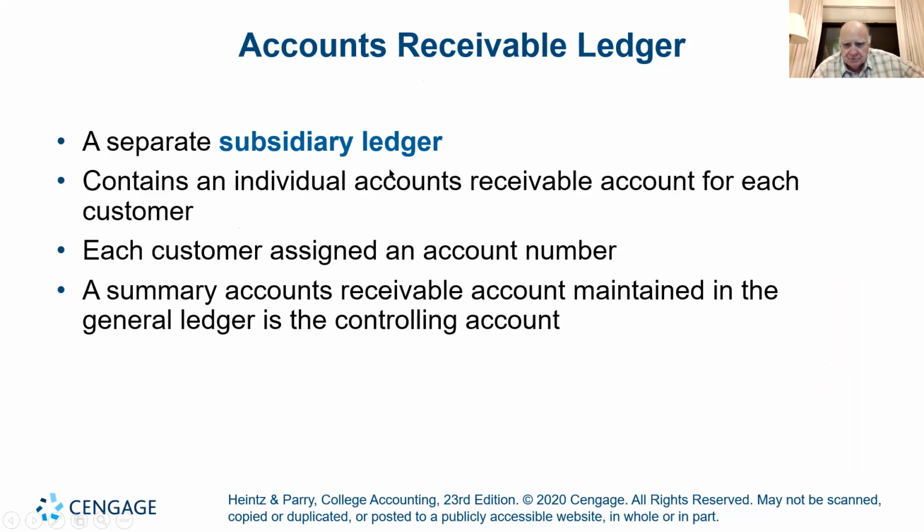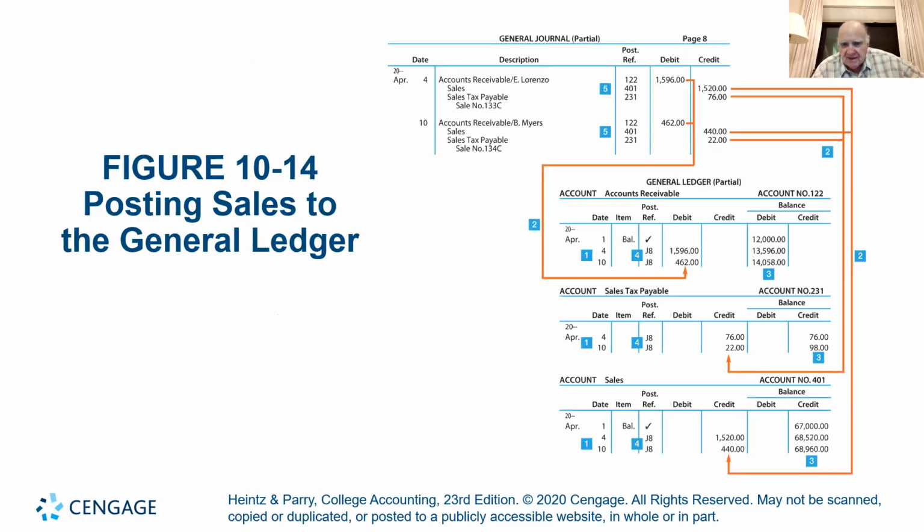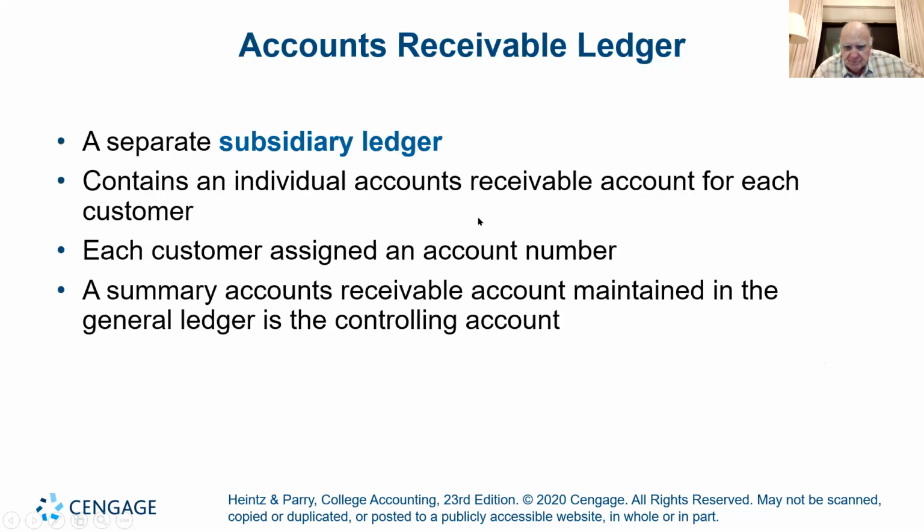It means subordinate to the general ledger. The general ledger has less detail. Here is accounts receivable, but it doesn't necessarily tell you who the customer is. What we're going to do now is have a separate ledger-like item for Lorenzo and Myers.